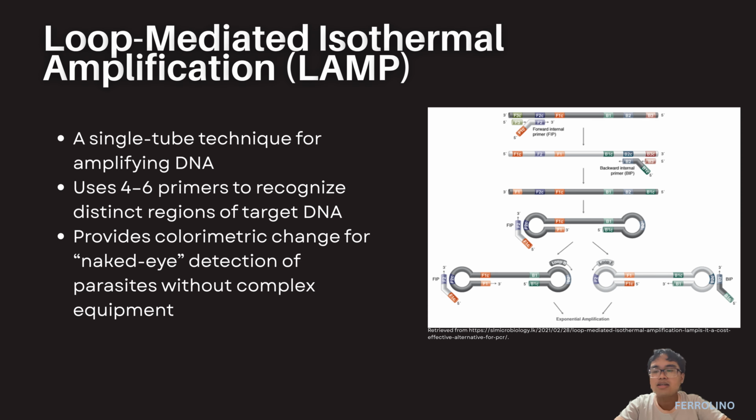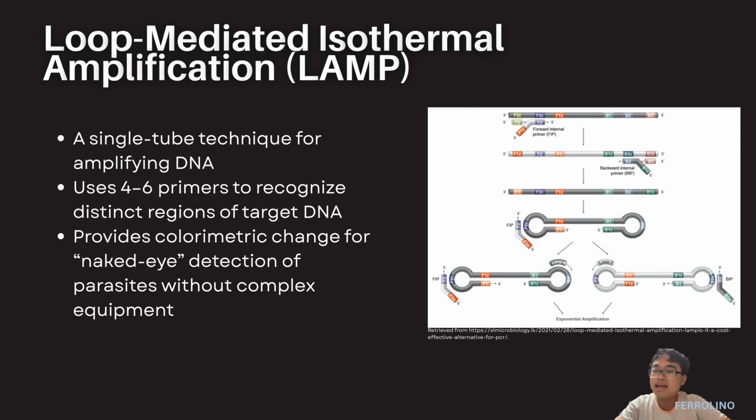The naked eye detection mentioned here is not merely a qualitative observation, but a result of specific stoichiometric byproducts of DNA synthesis. During the LAMP reaction, the BST polymerase incorporates deoxynucleotide triphosphates, or dNTPs, into the growing DNA polymer. This chemical reaction results in two significant byproducts.